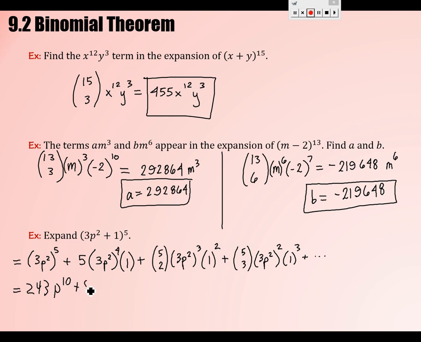All right, critique Matt's work here. If he has anything wrong, tell him. Interestingly here, we get all powers that are what? Yeah, e to the 10th, e to the 8th, all the way, no, so all the even powers there, right?